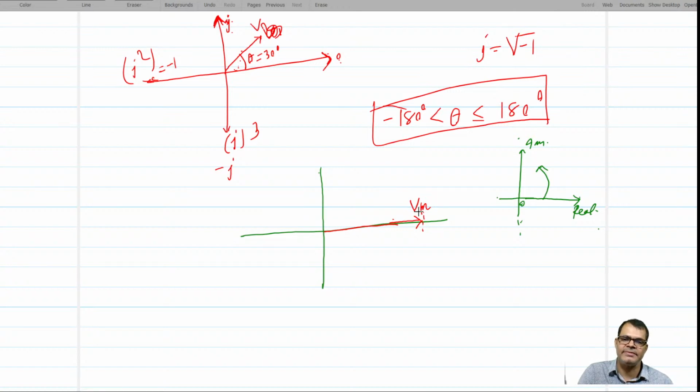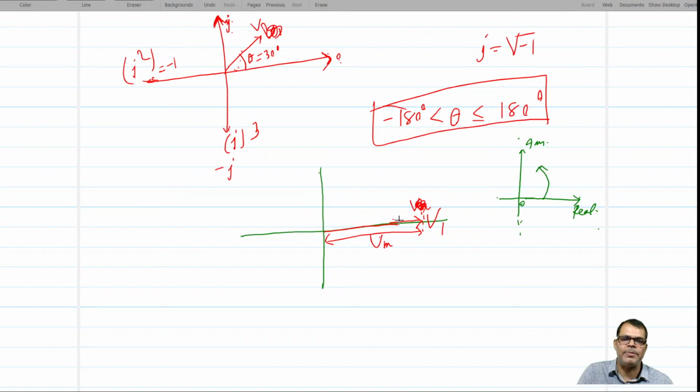Direction will be represented by angle only. So this phasor is your V1, and this length is your Vm. Clear?